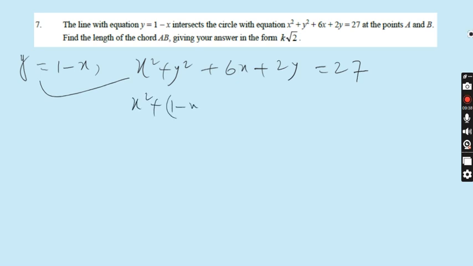(1 minus x) square plus 6x plus 2 times (1 minus x) is equal to 27.